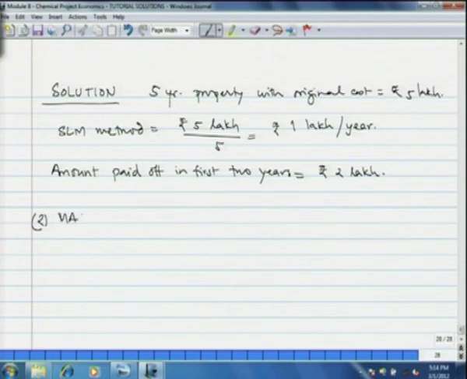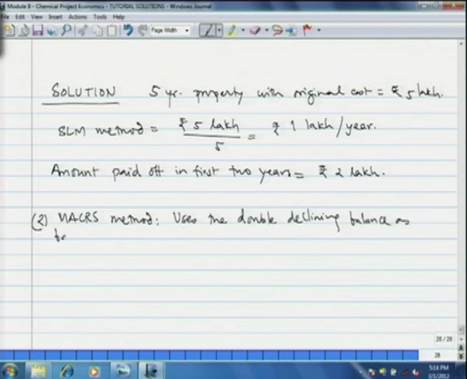Now MACRS method, let me first give you a brief description of MACRS method. It uses the double declining balance method that we have seen in one of the lectures as basis, but with the half year convention method.